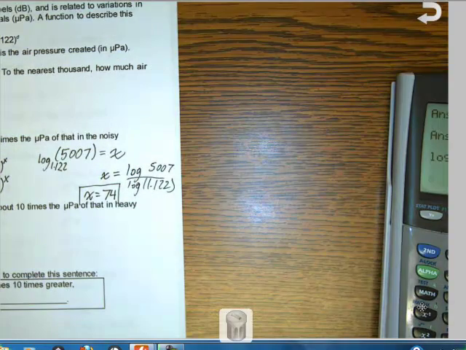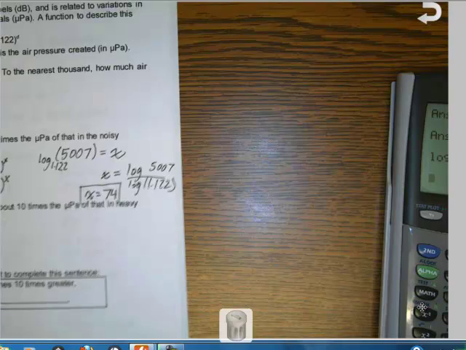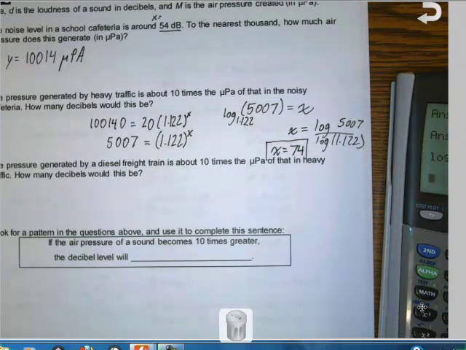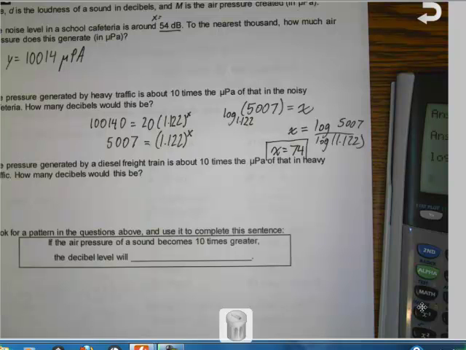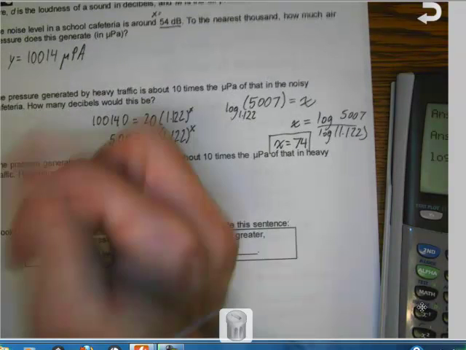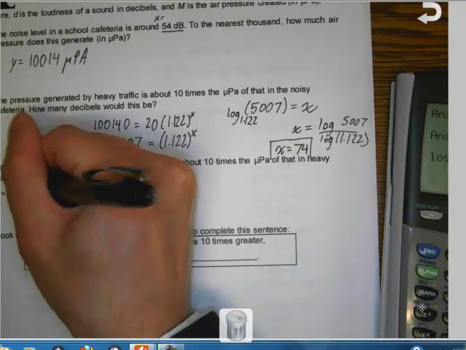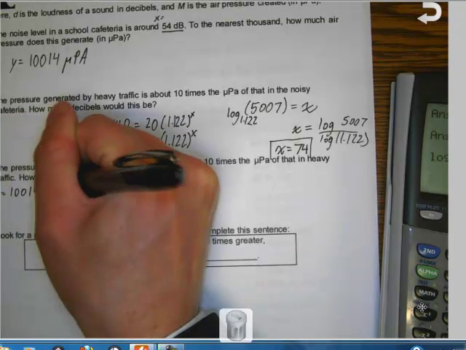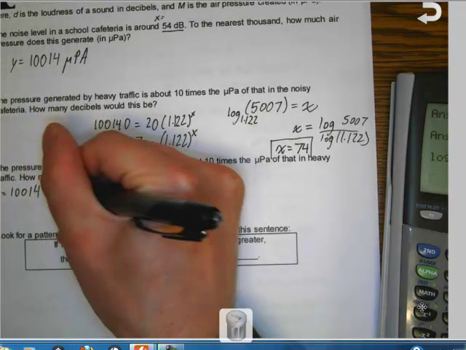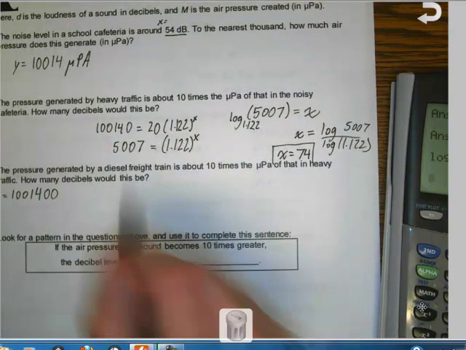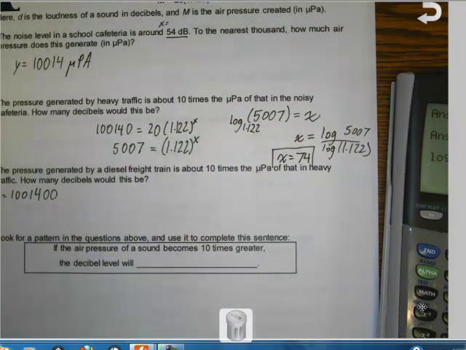Okay. Now, it said the pressure generated by a diesel freight train is about 10 times the micropascals of heavy traffic. What would that be? Well, your process is similar, and so your y is equal to 10014. You multiply that by 100, because you multiplied by 10 to get to 17 and 10 more to get to 18.